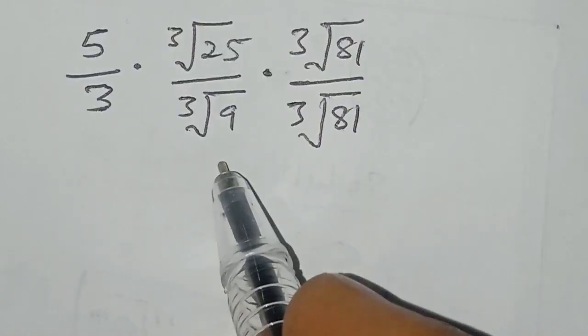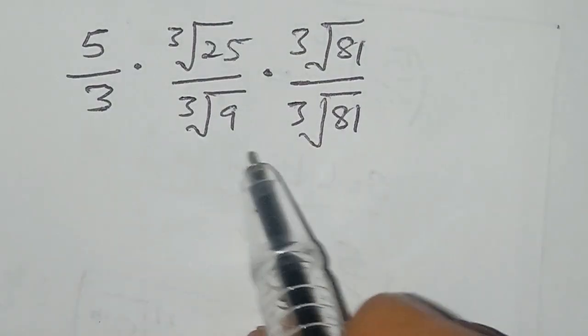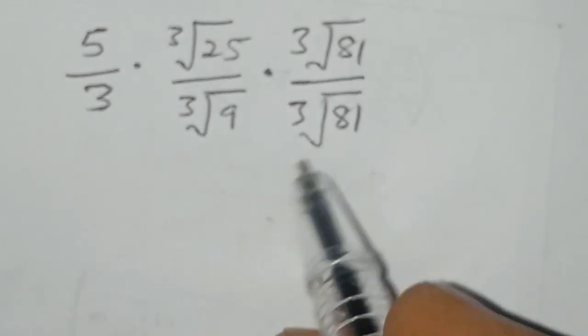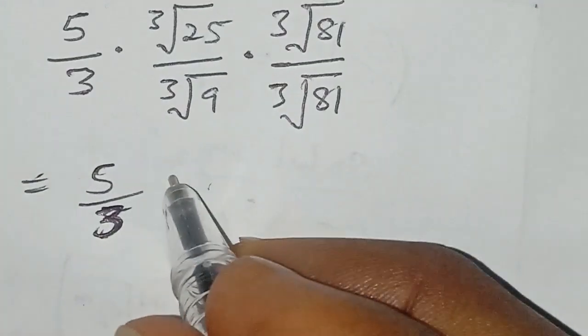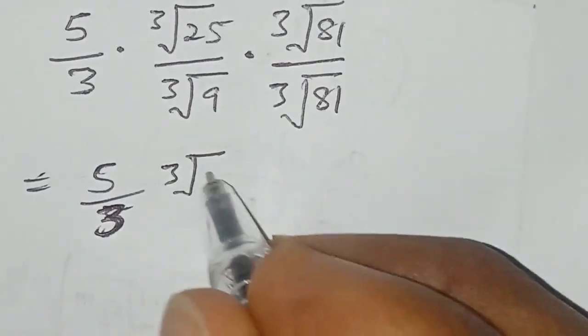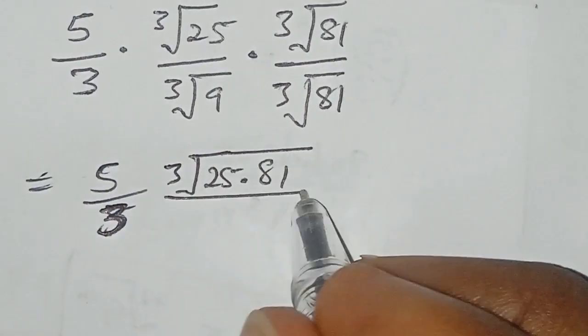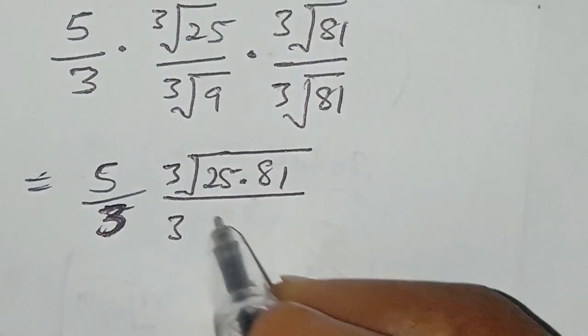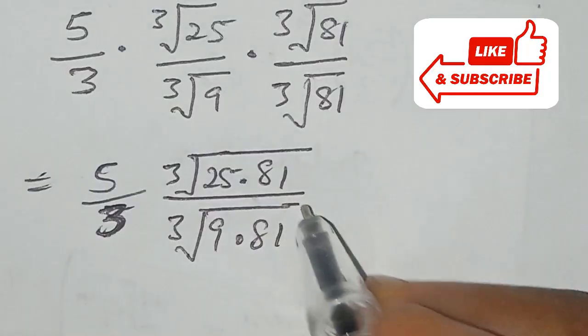If we do, it will eliminate the cube root at the denominator. So we can write that as 5 over 3, cube root of 25 multiplied by 81, then cube root of 9 multiplied by 81.